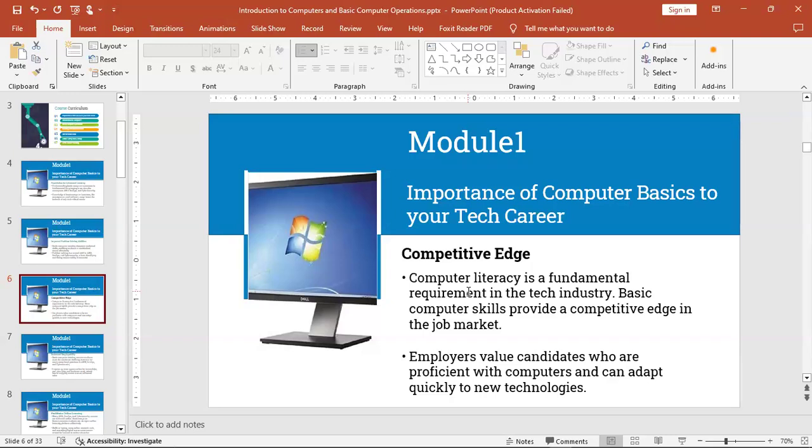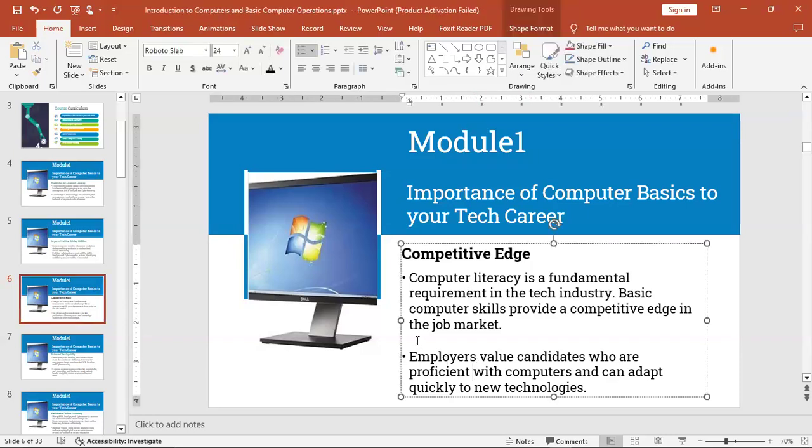So you see that with your knowledge of computer or tech, it gives you a competitive advantage over your peers out there. That's why you see everybody now is diving into tech, no matter the age group.